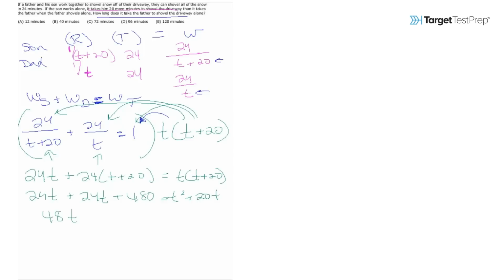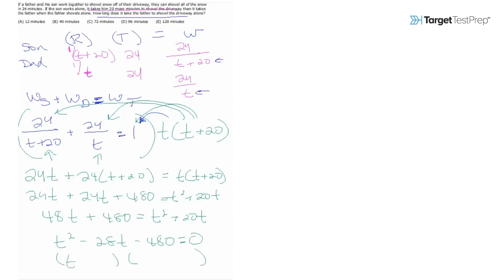So that would be 48t plus 480 is equal to t squared plus 20t. We'll now collect all the like terms. That will be t squared minus 28t minus 480. And guys, because it's a quadratic, we'll set it equal to 0. And of course, now we'll get our roots.